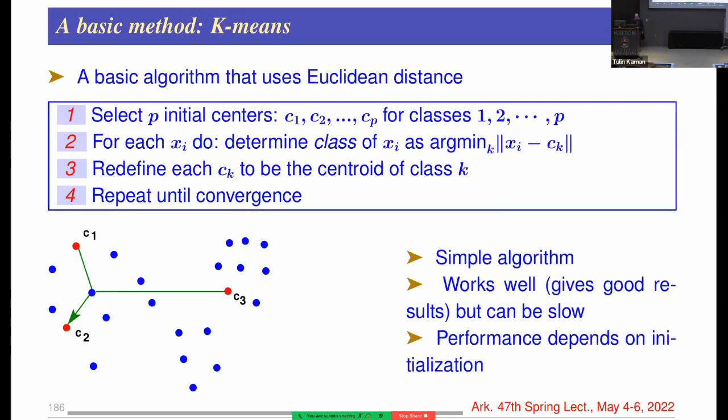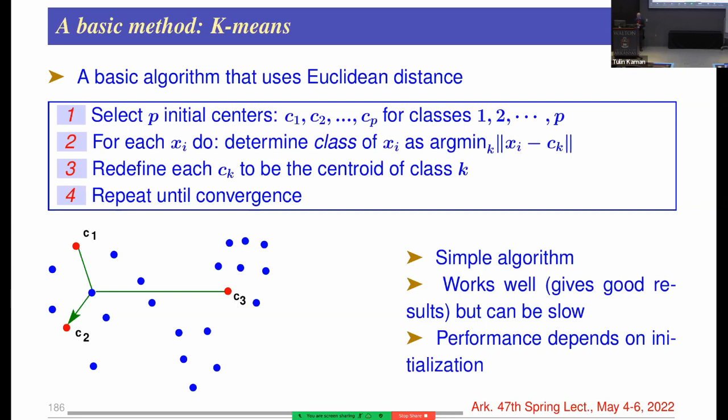Okay. So there's a basic method which is used everywhere, and that's k-means. So I'm going to just say a few words about k-means. This is a method for clustering. You have data, and you would like to find clusters of the data, and with each cluster you associate a center, which is the centroid of the data.